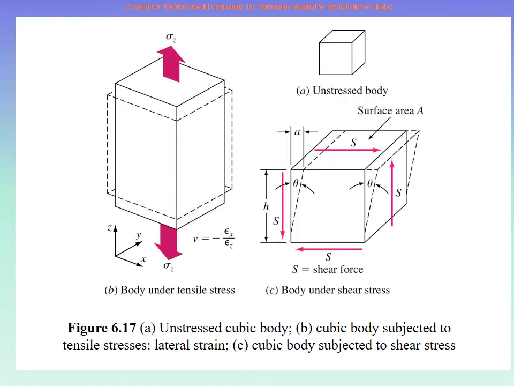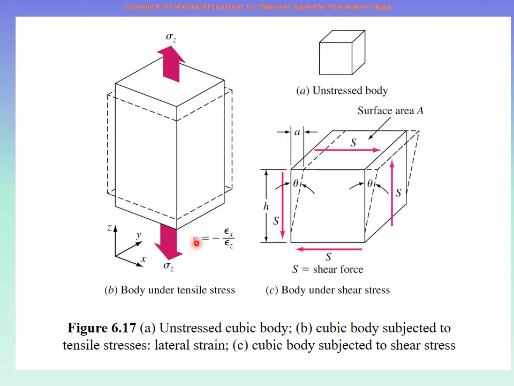So this will always happen in a tensile test: if the piece is rectangular or square in nature, the length will increase, and if we represent the length as the z direction, then the dimensions in x and y will change. To find that out, we have defined a new material property known as Poisson's ratio.